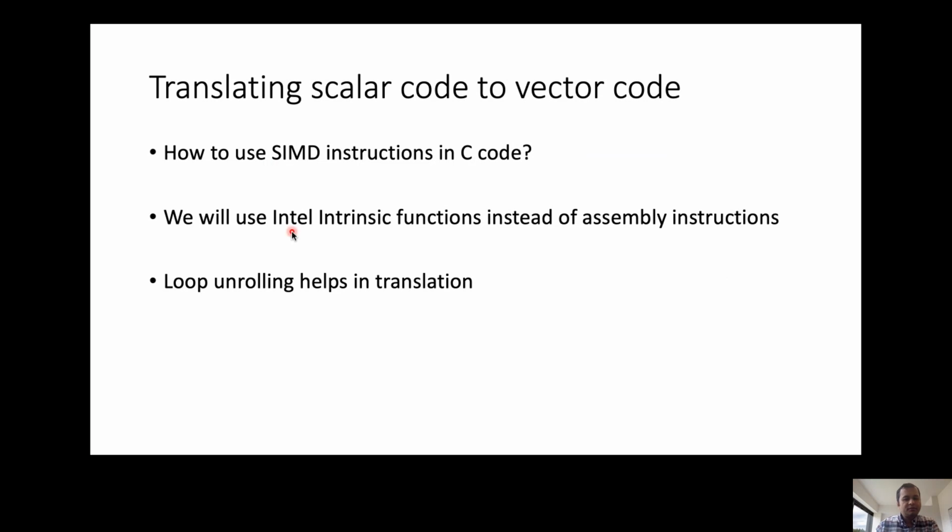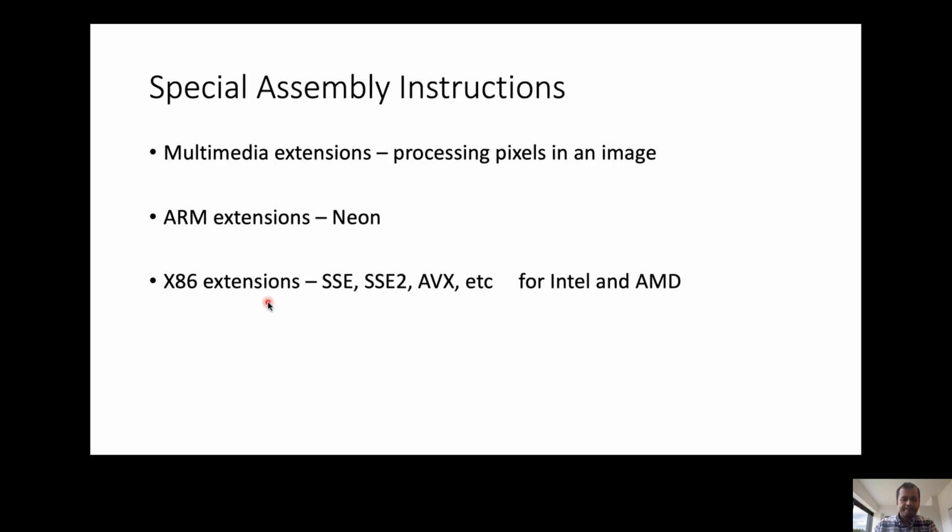We'll use Intel Intrinsics functions, not assembly instructions. I'll show you that internally the intrinsic functions invoke vector assembly instructions, but we want to use C functions to do that. Understanding how loop unrolling works will help us in translating the code, so we'll discuss loop unrolling and see some examples.